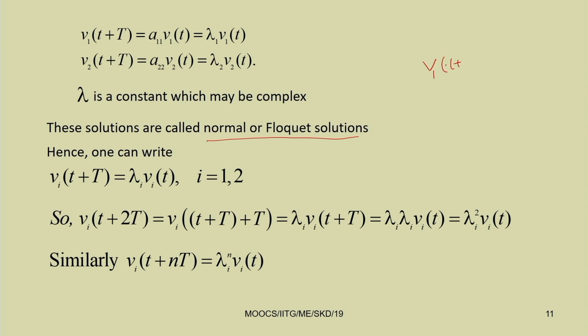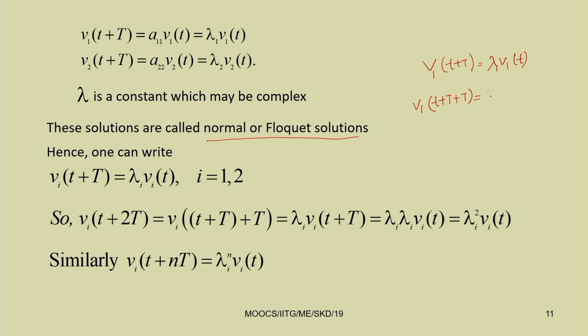You have seen V1(t+T) equal to lambda1 V1(t). Now, if I add one more cycle, for example I write V(t+T+T), another T let me add, then this becomes t plus 2T.